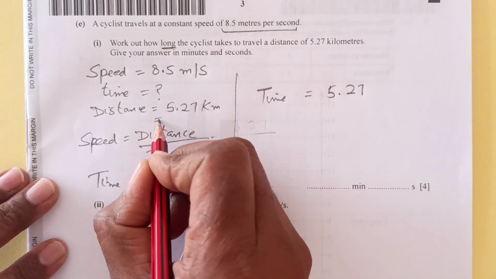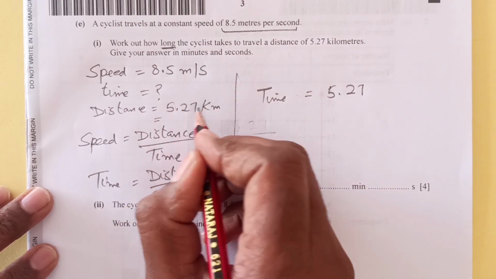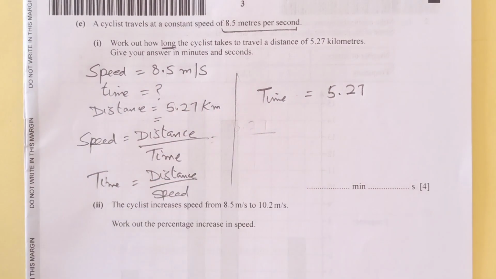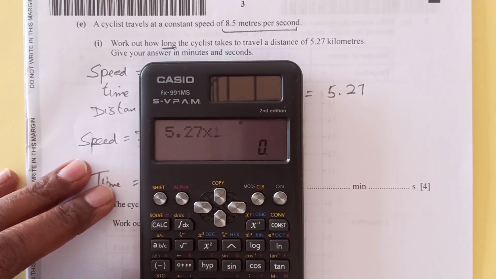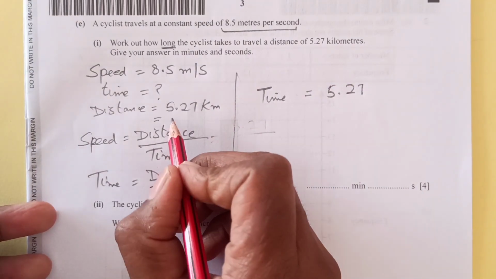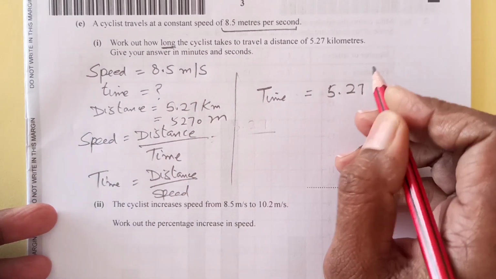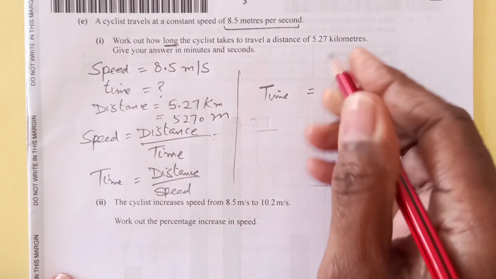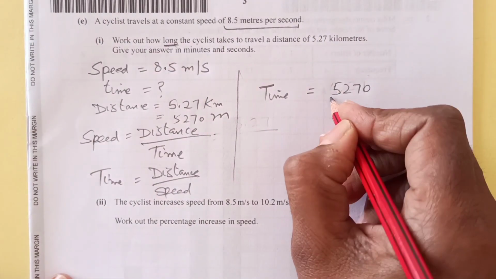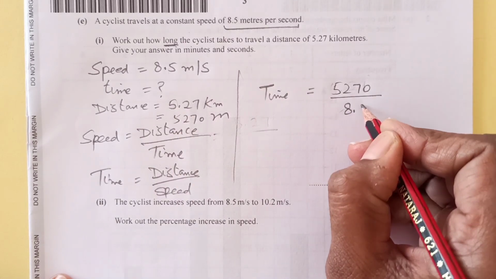Now see, we have to convert this into meters because the speed is given in meters, so times 1000. 5.27 times 1000 is 5270 meters, right? So 5270 meters divided by speed. Speed is 8.5, right?